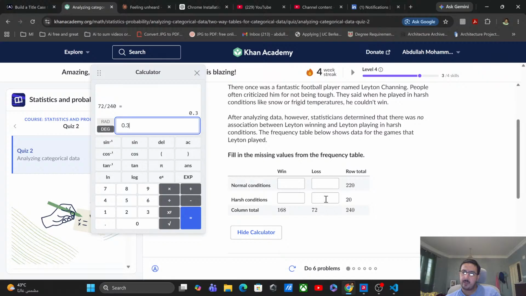Out of the 30% here, we got this percent here. So 20 over 240.